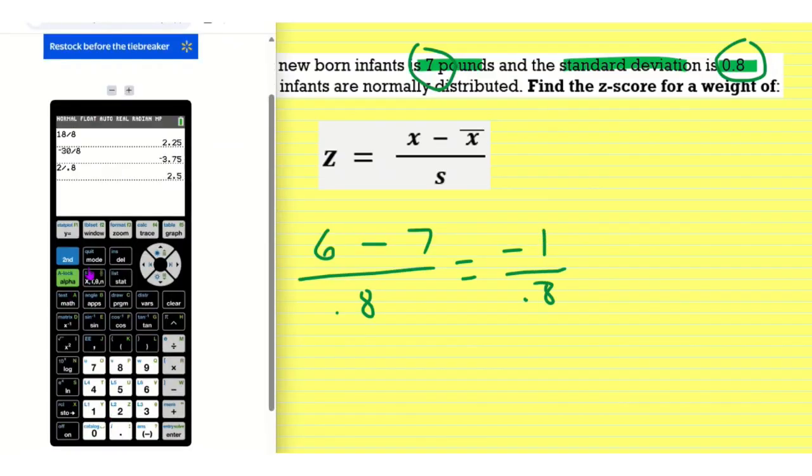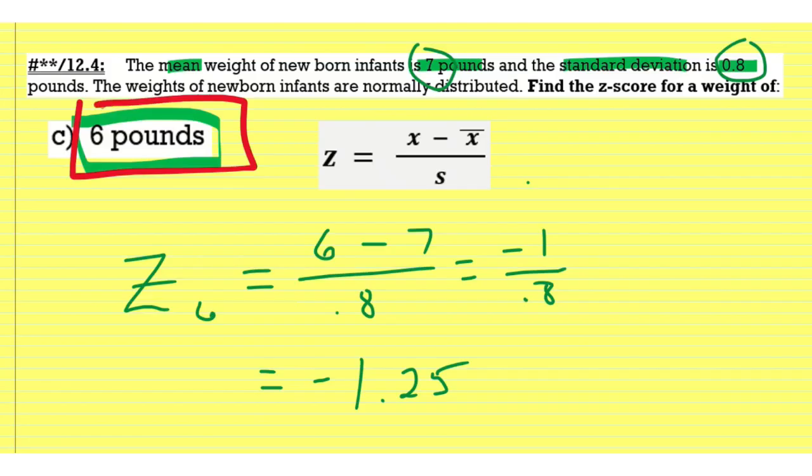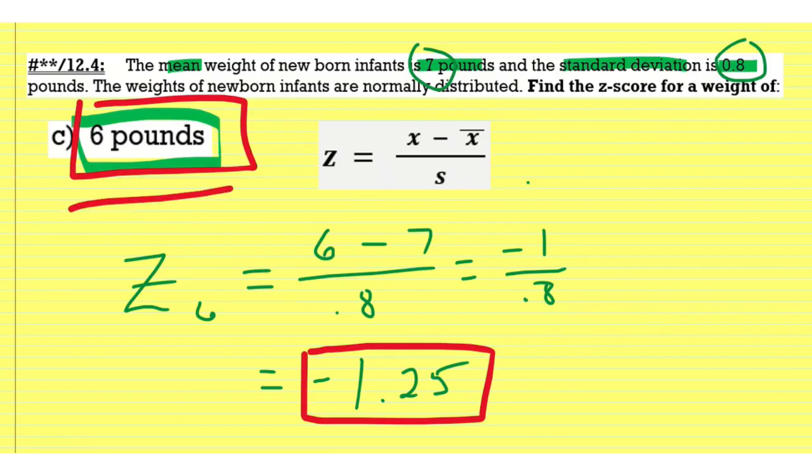I can look at my handy dandy calculator and do -1 divided by 0.8, and that gives me -1.25. So that means that our 6-pound baby has a z-score of -1.25, and that means that this 6-pound baby is 1.25 standard deviations below the mean because it is a negative z-score.